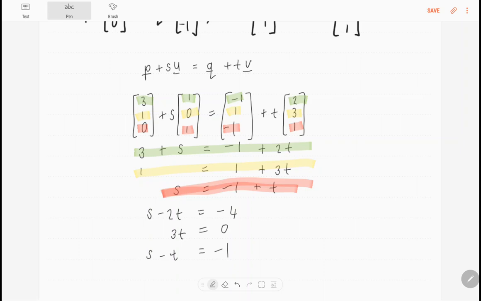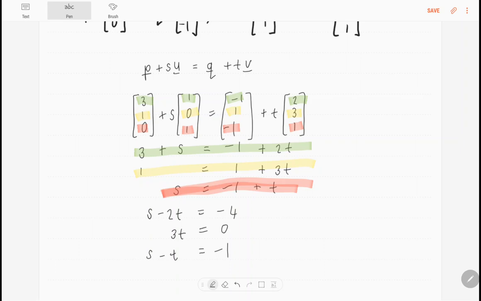What we basically want to do here is find the values for s and t, the parameters of the two respective lines, where the two lines intersect. That's why we set the two lines equal to each other.